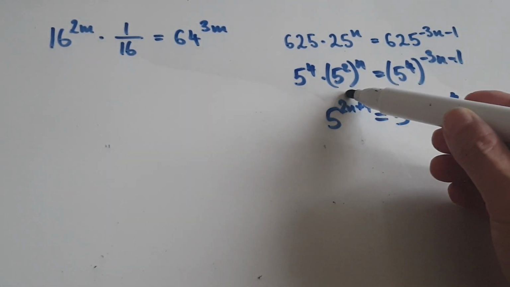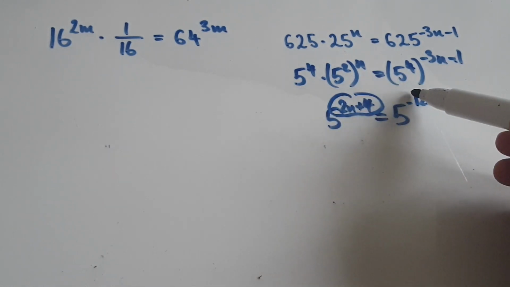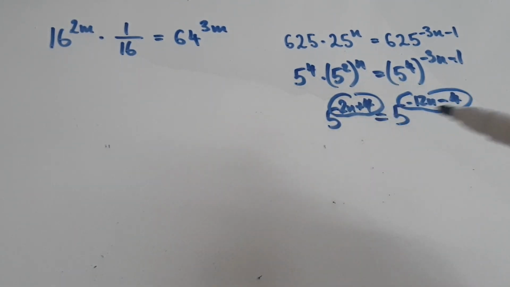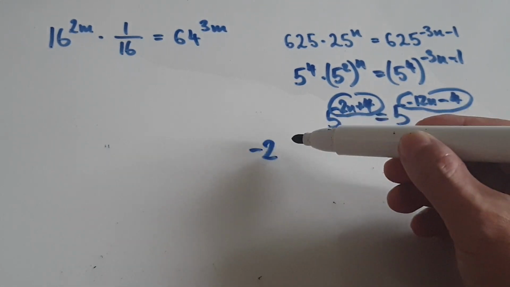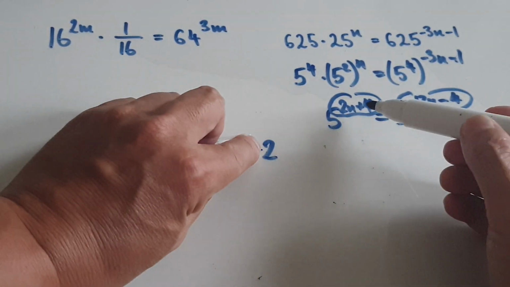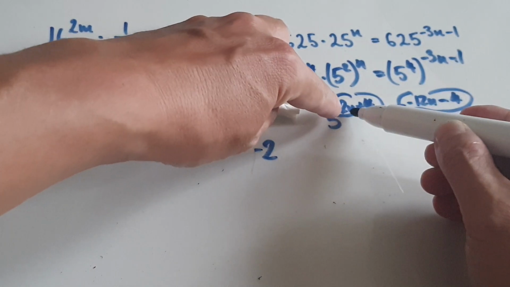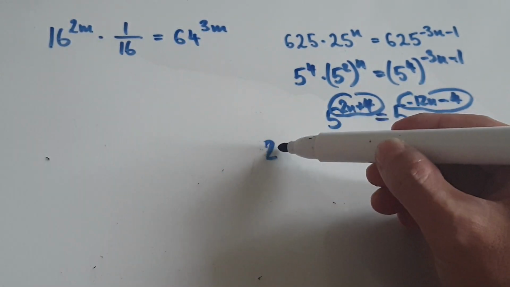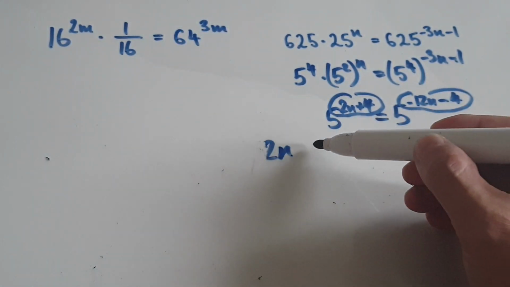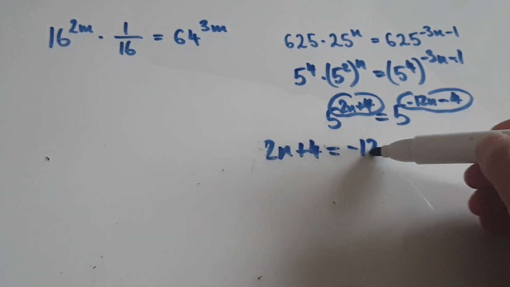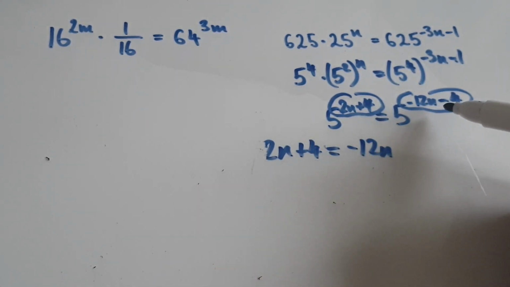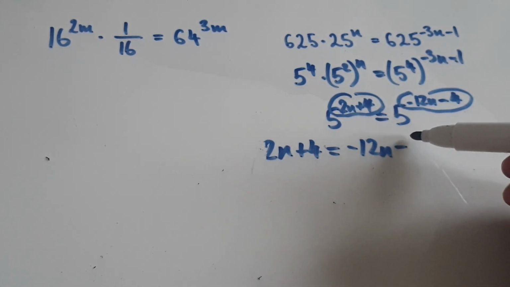That would imply that this bubble must be exactly the same as this bubble. So it really boils down to you solving 2n plus 4 equals negative 12n minus 4.